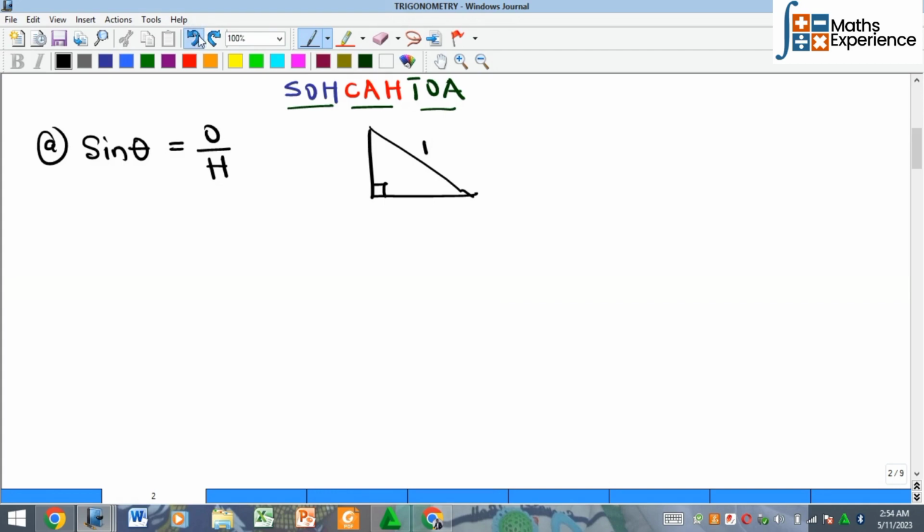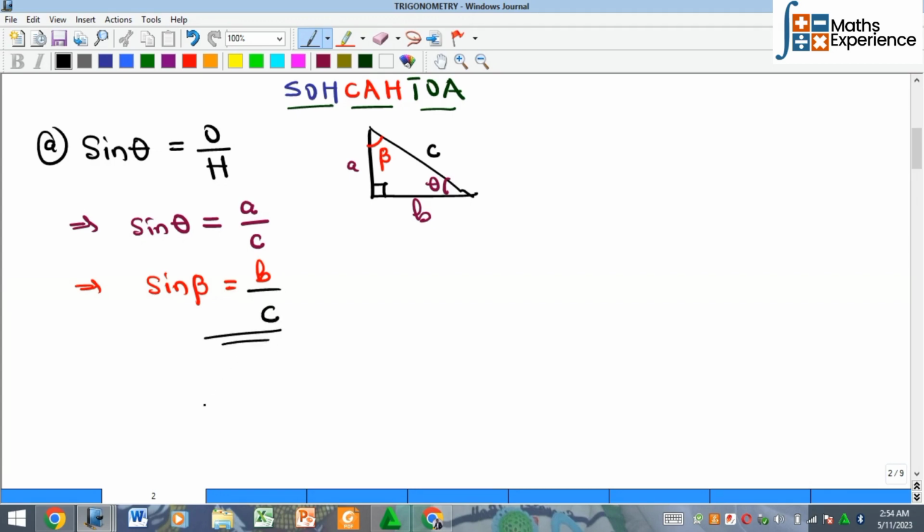Let me call that H, or another name, maybe C. Here is A, and here is B. If here is my theta, then the sine of that angle theta is equal to the opposite, which is A, all over the hypotenuse, which is C. However, if I have another angle here, maybe I should call it beta, then the sine of beta is going to be the opposite, which in the case of beta is B, all over the hypotenuse, which remains C.